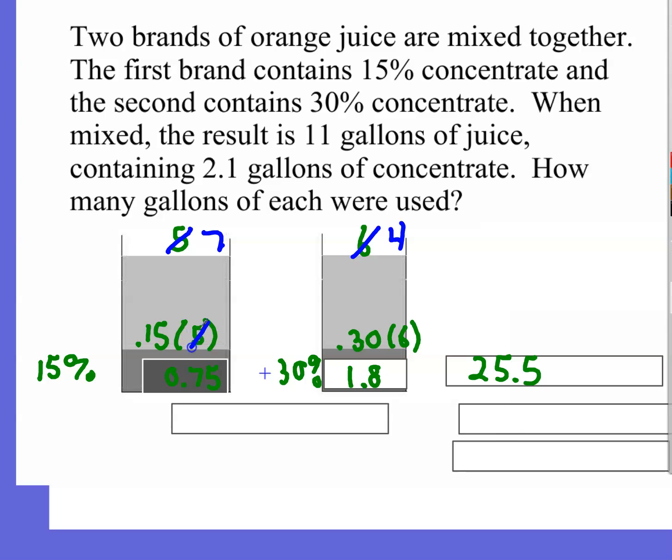So now we've got to figure out 15% of 7 and 30% of 4. 15% of 7 is 1.05, and 30% of 4 is 1.2. So when I add those together, I get 2.25.